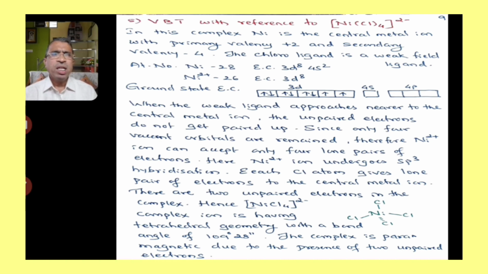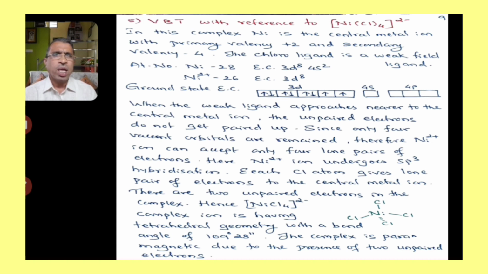When the weak ligand approaches nearer to the central metal ion, the unpaired electrons do not get paired up. Since only 4 vacant orbitals remain, the Ni2+ ion can accept only 4 lone pairs of electrons. Here the Ni2+ ion undergoes sp3 hybridization.